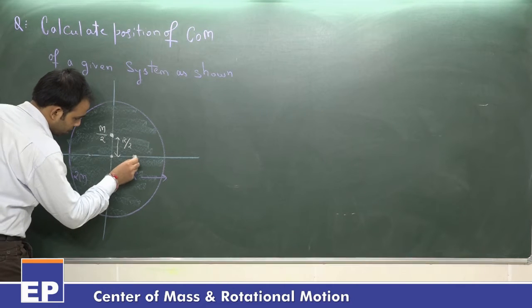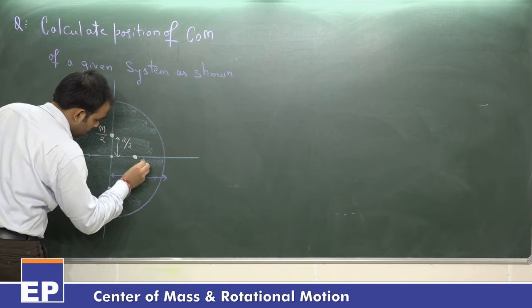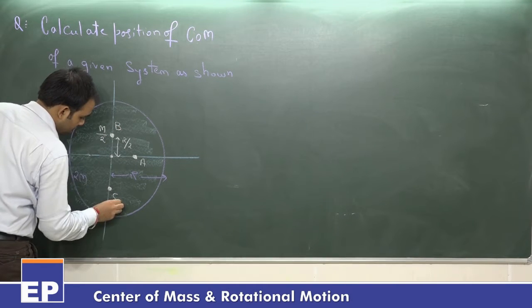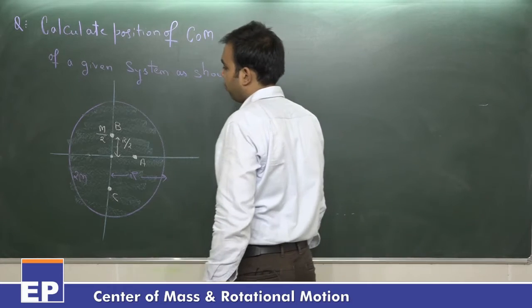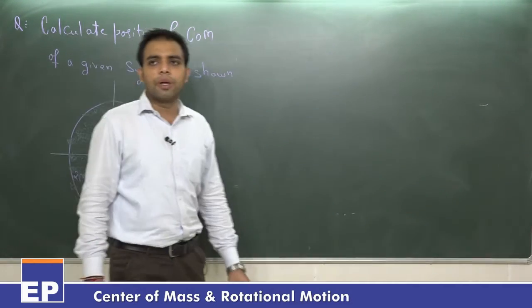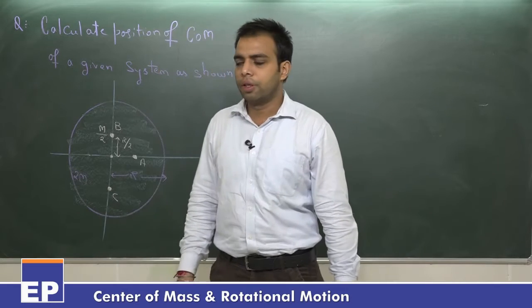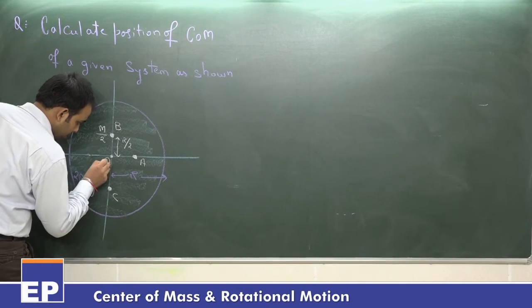There are only 3 masses. That is the first A, that is B and C. So here there are 3 masses and one disc. On the disc there are 3 masses placed at a distance r by 2 from the center as shown in the figure. You can see, so this is the O center.